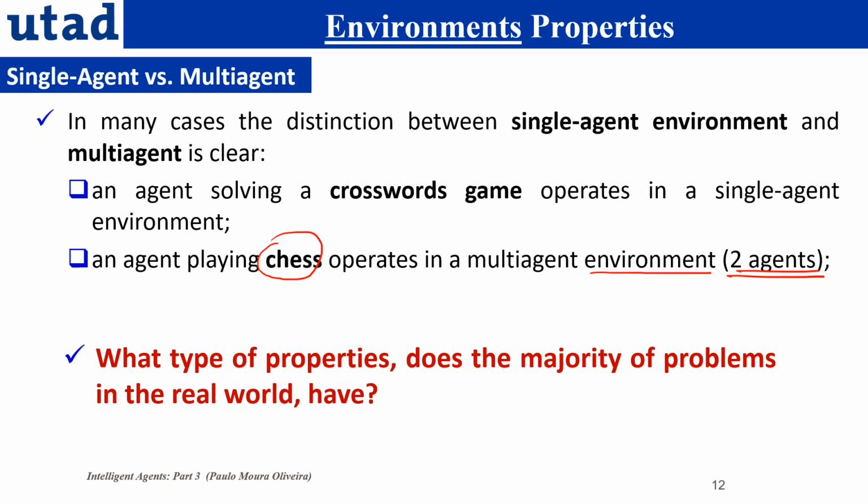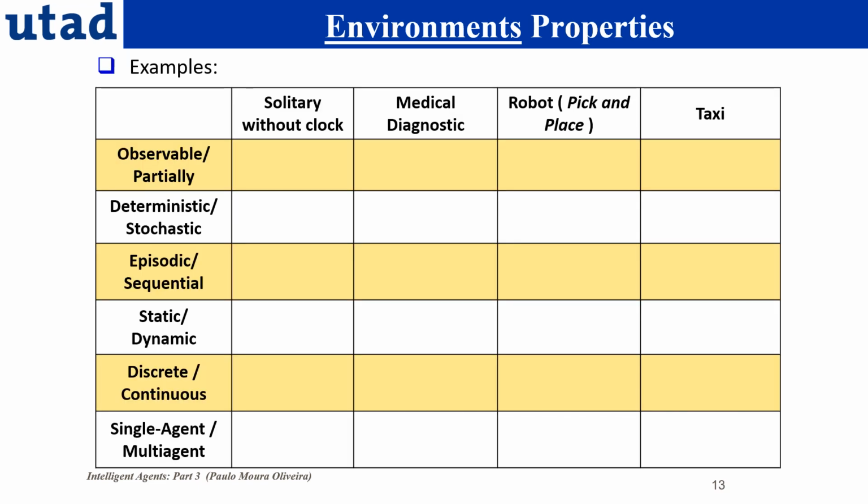One example that I am going to give you so you can try to sort it is this one: solitaire without a clock. Is it observable or partially observable? Of course, it is partially observable because you cannot observe the full wall, so I'll say it is partially. Is it deterministic or stochastic? I think it is deterministic, so I'll put deterministic here. Is it episodic or sequential?